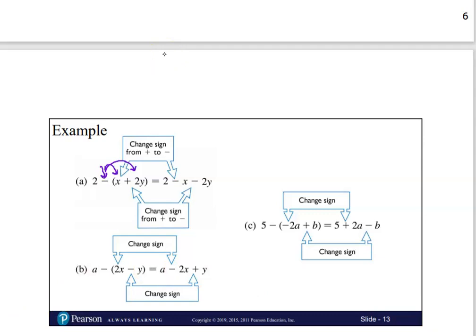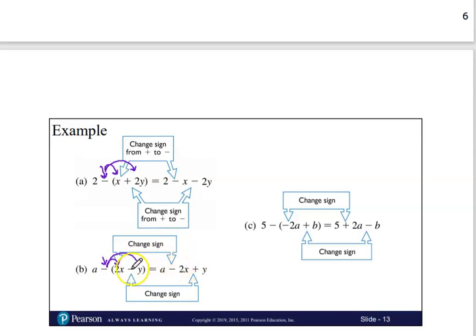Okay, and this time we have a negative sign in front of the parentheses again, so we want to distribute it to both of these numbers inside the parentheses. Now keep in mind that when you do that, it's going to be the opposite of whatever was there. So they've taken the A and they rewrote it. Then they took the 2x and it was a positive 2x. Since there was a minus in front of it, it's going to be the opposite of 2x, which is minus 2x.